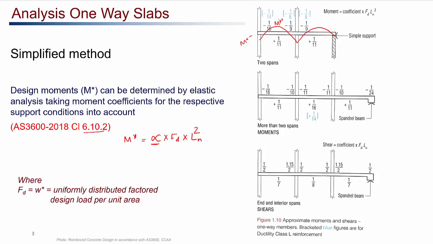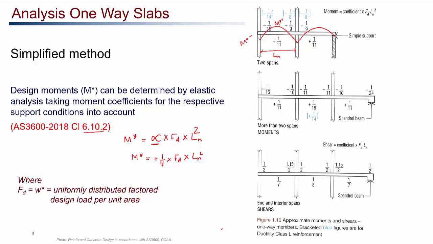For example, the moment at the middle span here is obtained as M star. The coefficient is plus 1 by 11 multiplied by Fd, which is the factored design load acting on the slab, and ln squared, where ln is the clear span from the face of the support to the face of the support. This is ln.